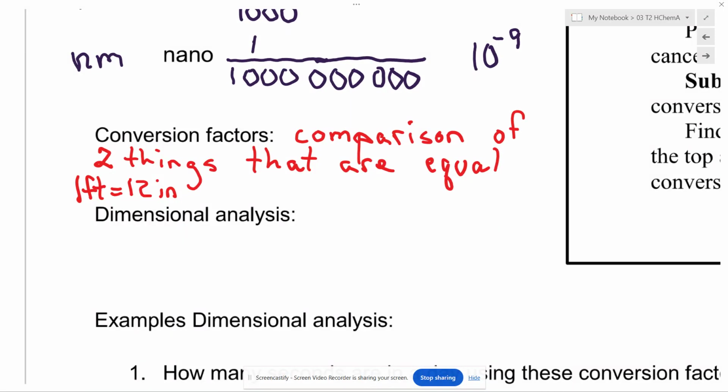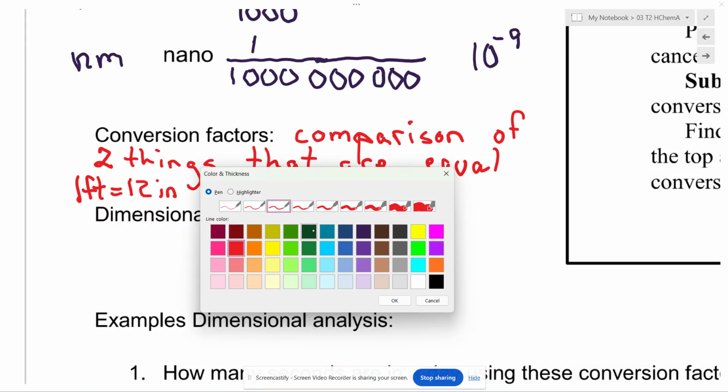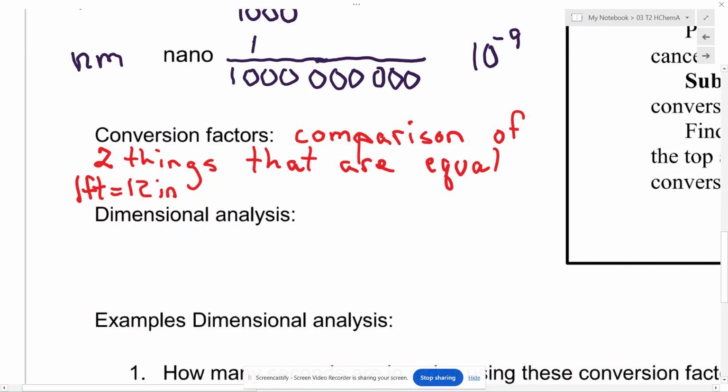So 1 foot is equal to 12 inches. In the SI system, we might say that 1 kilometer is equal to 1,000 meters. We're comparing two things that are equal.